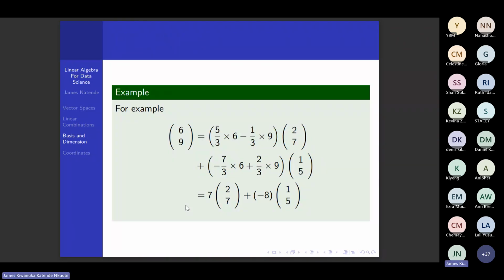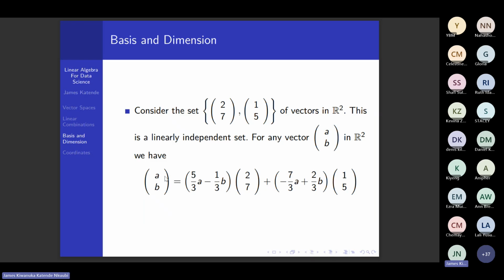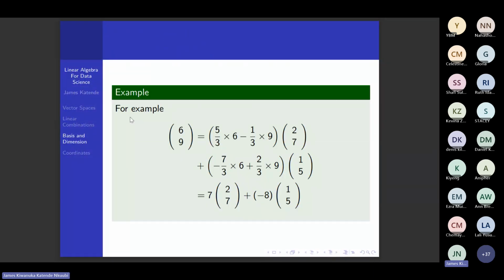So applying that formula to this vector, you see this last formula, if you pick any vector in R2, you can express it as a linear combination of 2, 7 and 1, 5. So you just need to identify what is your A and what is your B, plug them into the right-hand side, and you solve your problem. So here, as an example, we pick 6, 9. We plug in the values, A as 6 and B as 9.